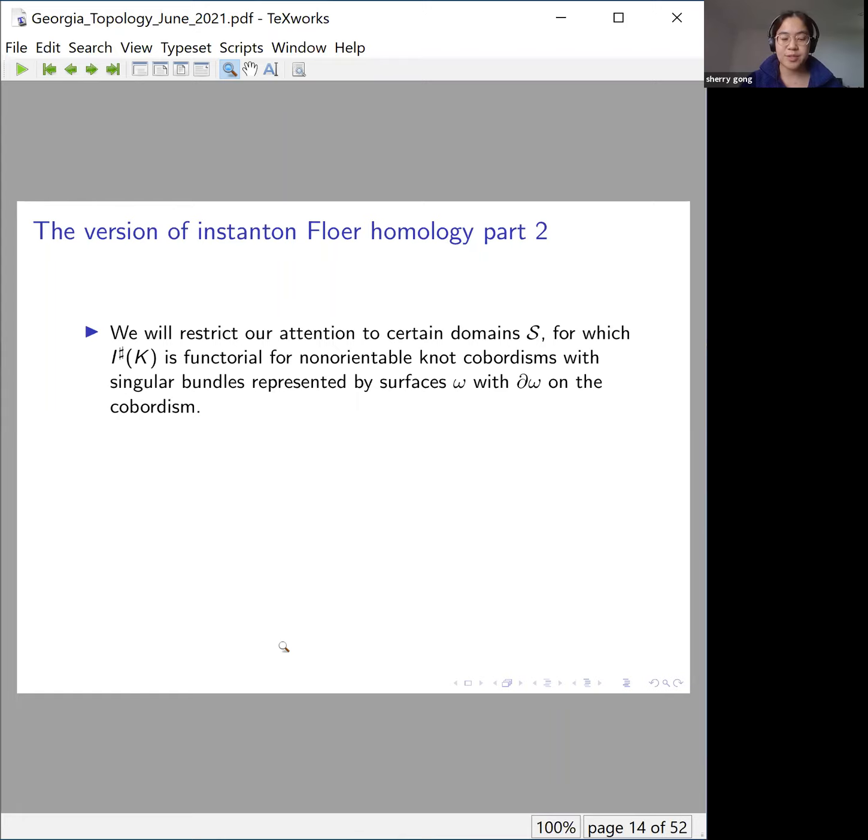And in order to capture the information we want about these non-orientable cobordisms, we are also going to choose S so that we can define maps from cobordisms with more complicated singular bundles. Specifically, we're going to take singular bundles represented by surfaces omega whose boundary sits on the cobordism. So these are surfaces with boundary, and we're going to take these surfaces to only intersect the cobordism at the boundary of the surface, where it intersects cleanly.